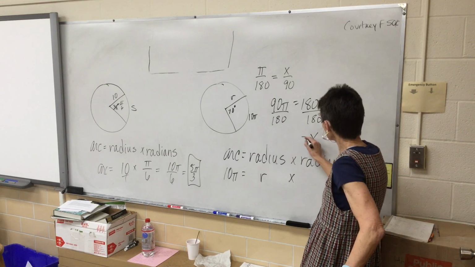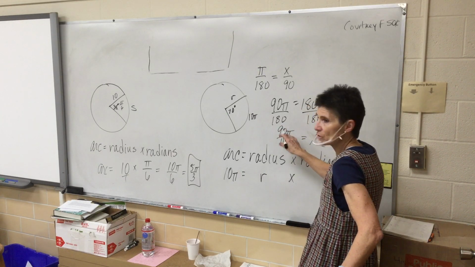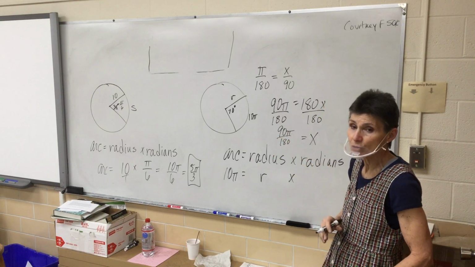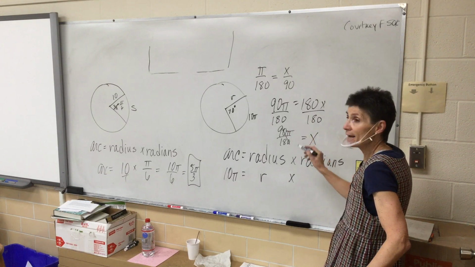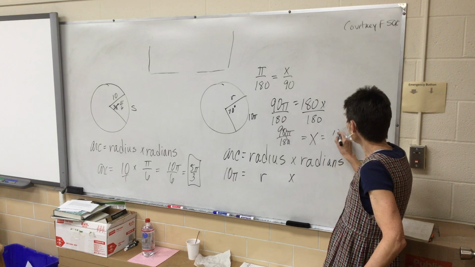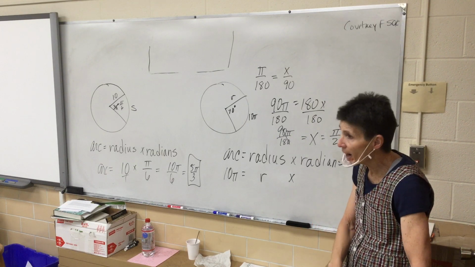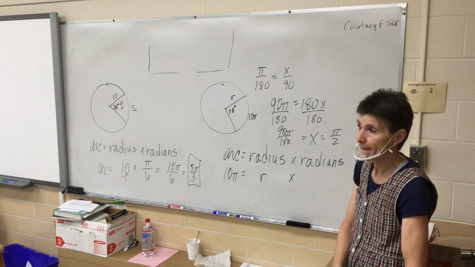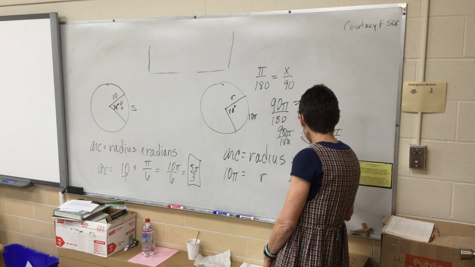So x equals 90 pi over 180. Now, these almost always reduce. I'm not going to say they do every single time, but they usually do. So the zeros cross out. Now I have 9 over 18, 1/2. So that's 1 pi over 2. You don't have to write the 1, but you can. You got to have the pi. The fraction part's 1/2, but the pi is there. So that's my radian measure.